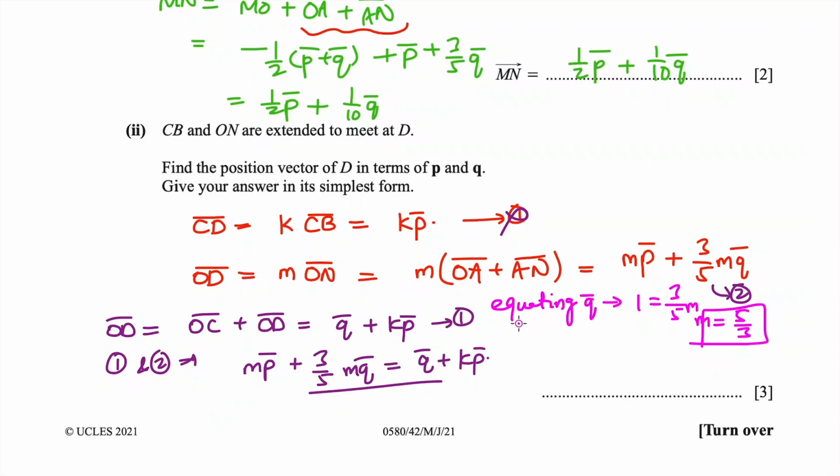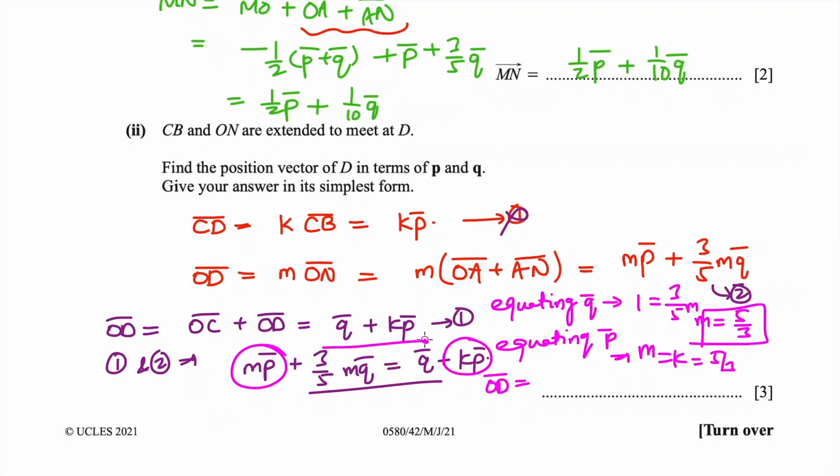And again, equating P bar, this is P bar here, this is P bar here, M is equal to K. So this is equal to 5 by 3. Therefore OD bar is equal to, I will use this form because that is easy, K into P bar, which is 5 by 3 into P bar plus Q bar. So this is the required answer.